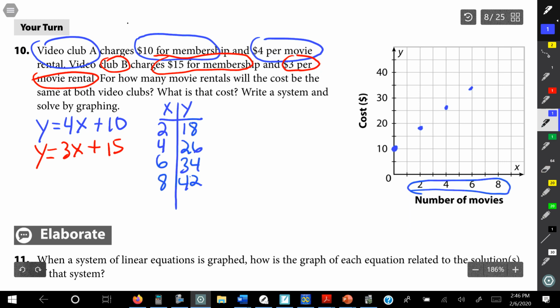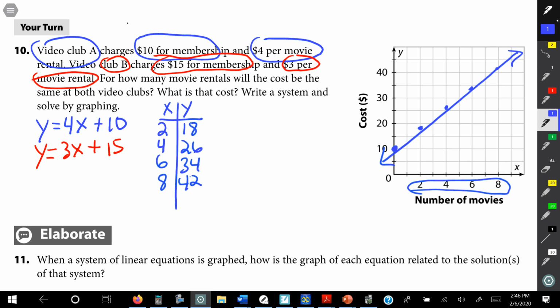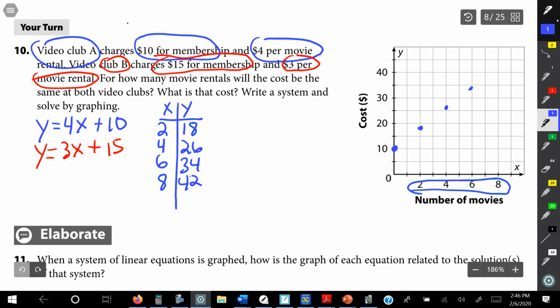Remember, it should be a straight line. And then we'll go ahead and graph it. See if I can draw that a little bit straighter. On this, you've got to be pretty precise with your line to help you pinpoint exactly what that's going to be.